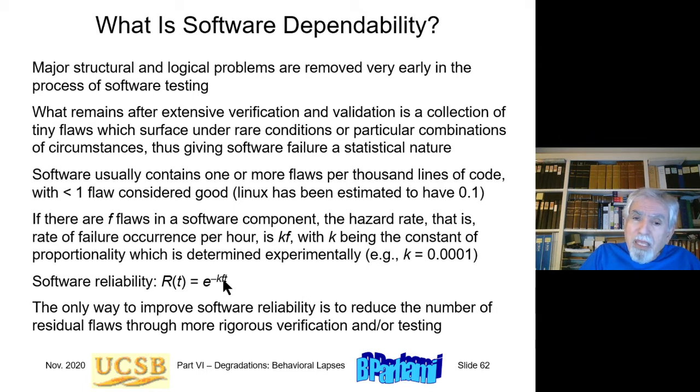K is known, F is estimated. So this will be the reliability equation for that software, and it has been determined experimentally. That's a pretty good estimator for software. In other words, you can run the software and have a pretty good idea of how often it fails or malfunctions.